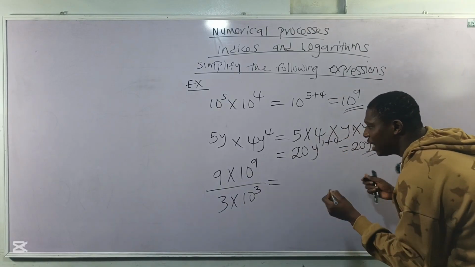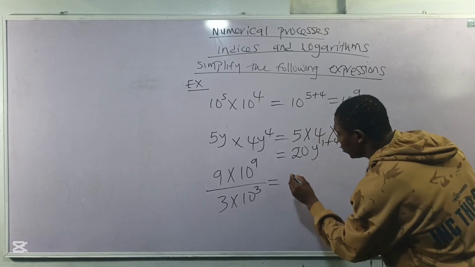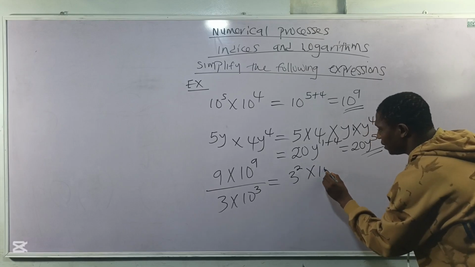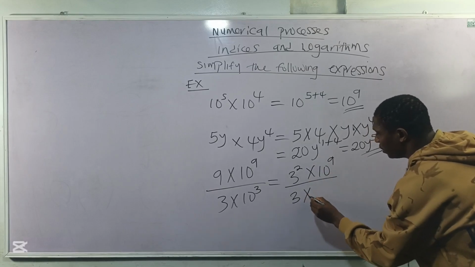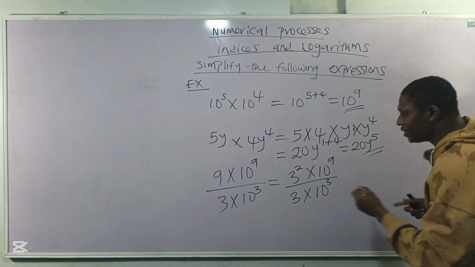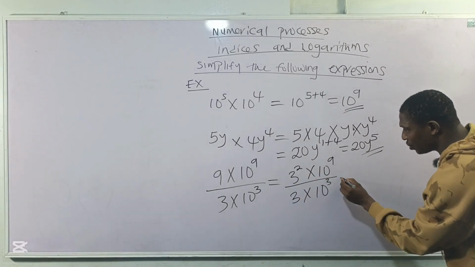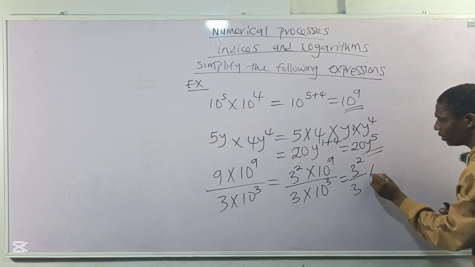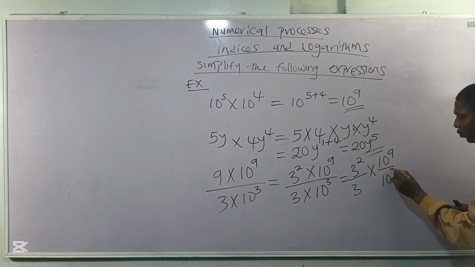But an easier way is to say 9 is the same as 3 raised to power 2. So 3 raised to power 2 times 10 raised to power 9 all over 3 times 10 raised to power 3. So I simply pick 3 relating to this and this. Or I have 3 raised to power 2 all over 3 times 10 raised to power 9 all over 10 raised to power 3.